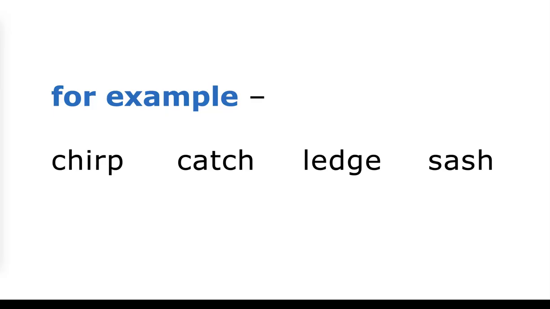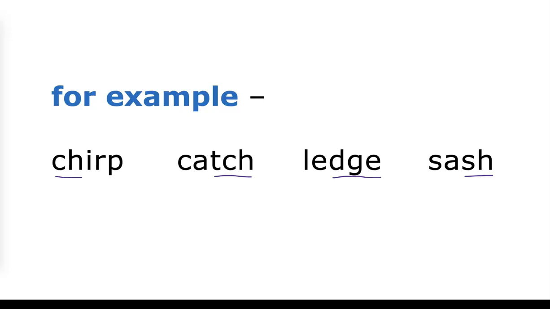For example, chirp, we underline the CH because it makes one sound. Catch, we underline the letters TCH because they make one sound. Ledge, we underline DGE because they make one sound.